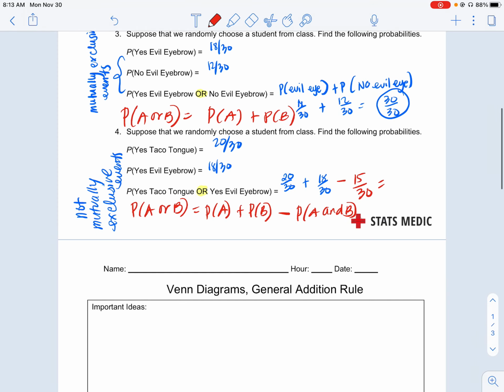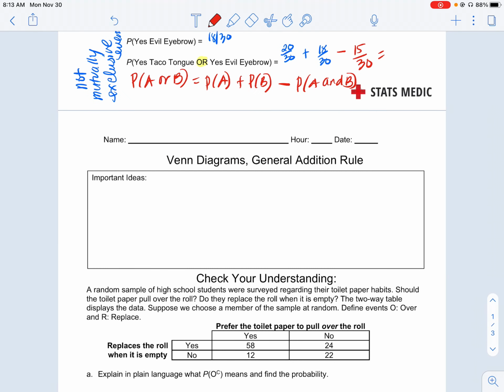But before that, let's complete the important ideas section. To make a two-way table, let's do a table.